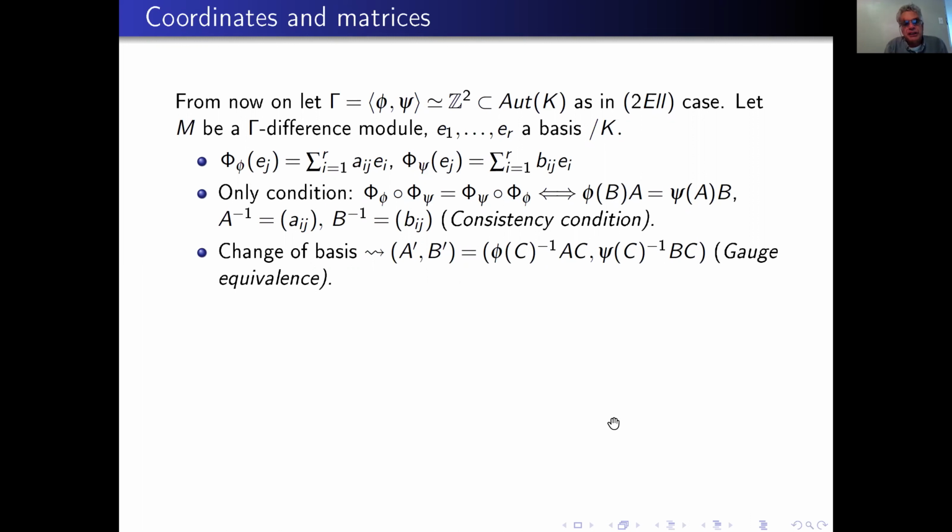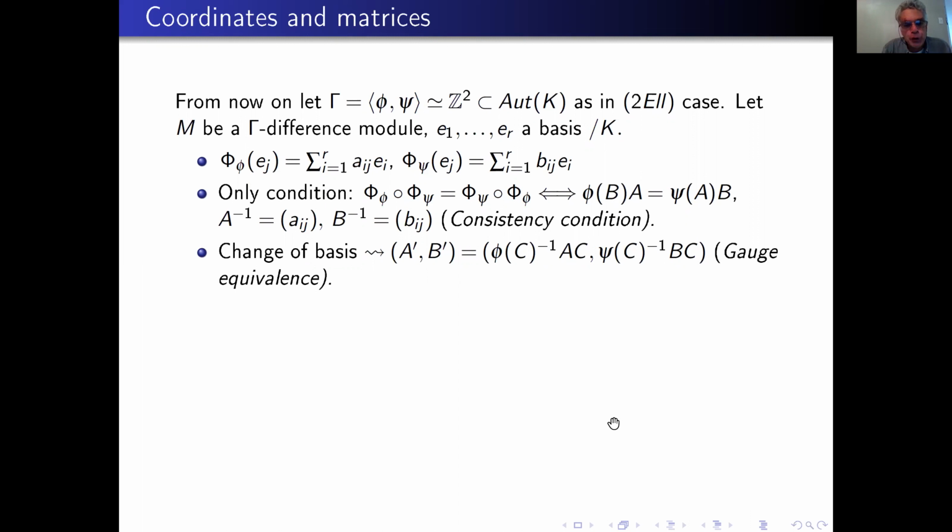And the condition that phi_phi and phi_psi commute, instead of being translated to the fact that the matrices commute, the matrices satisfy this consistency condition, or if you want twisted commutativity, that phi(B) times A is psi(A) times B.